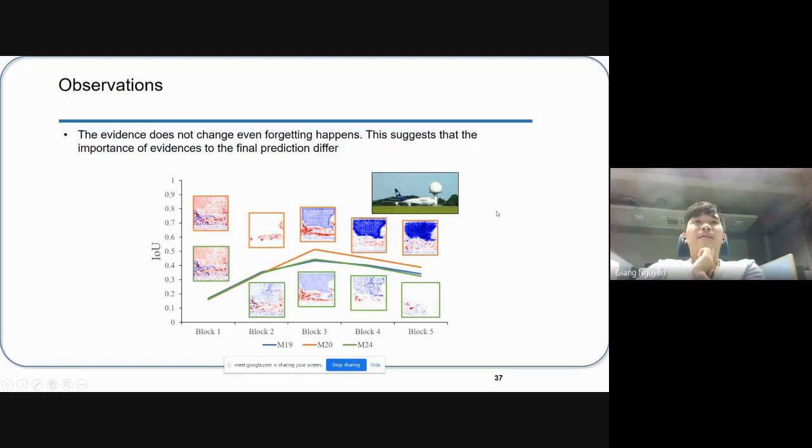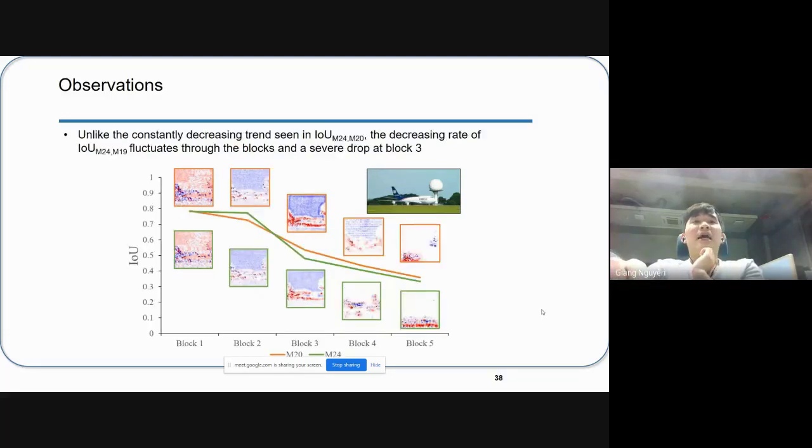This suggests that the importance of evidence to the final prediction differs. And lastly, unlike the constantly decreasing trend we see when we compare M24 and M20, the decreasing rate of M24 and M19 fluctuates through the blocks, with a severe drop at block 3.